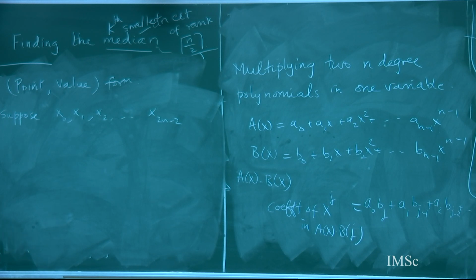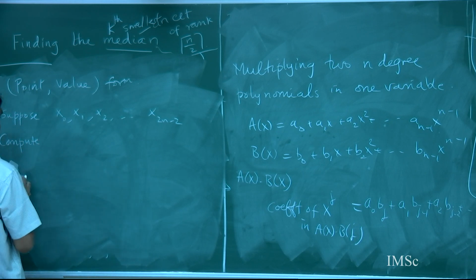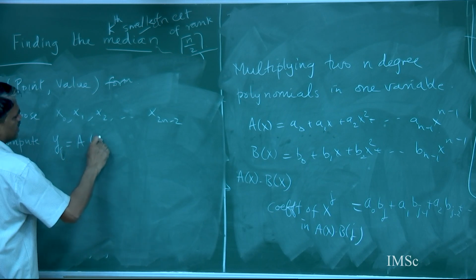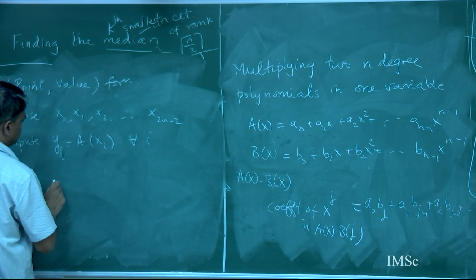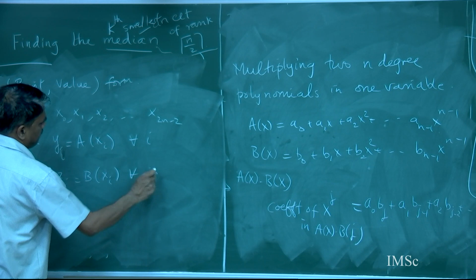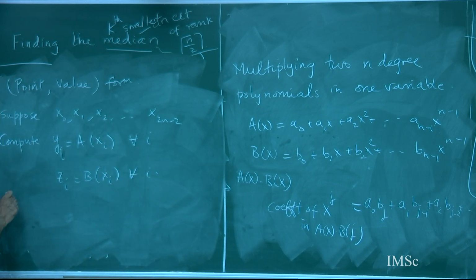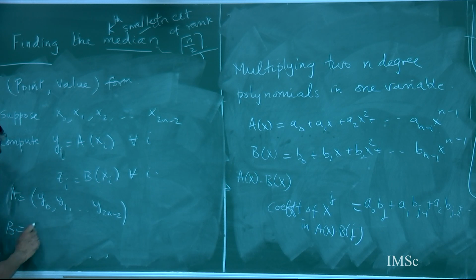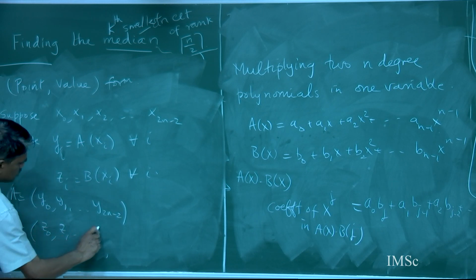So 2n minus 1 values, and let yi equal to a of xi. So then I will represent my polynomial a as y0, y1 to y2n minus 2 and b as z0, z1 to z2n minus 2.